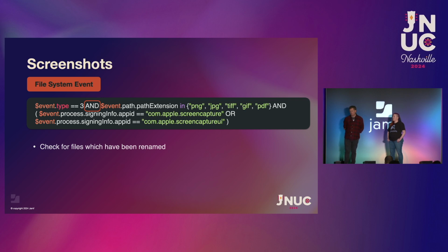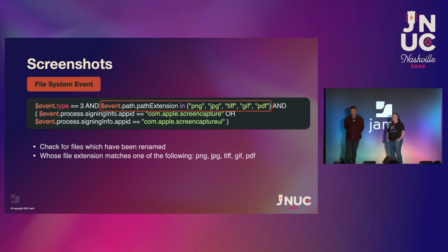Now that might seem strange, because maybe you're expecting it to check for new files. But with screenshots, the last thing that happens to those files is they get renamed with a timestamp. So that's the activity it's looking for. And then it's going to qualify the file extension of that file to see whether it matches any of the known graphical formats used for screenshots, so .pngs, .jpegs, okay.